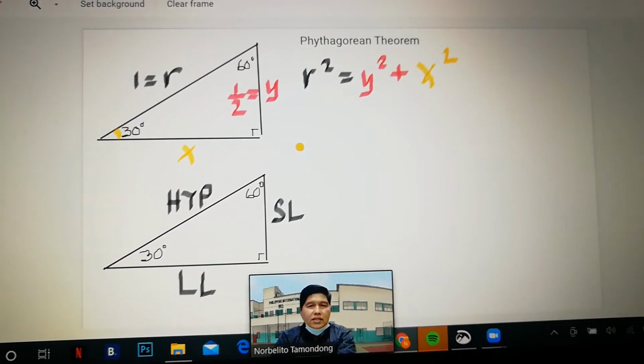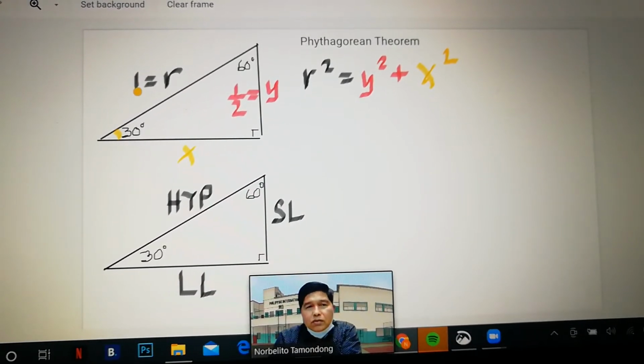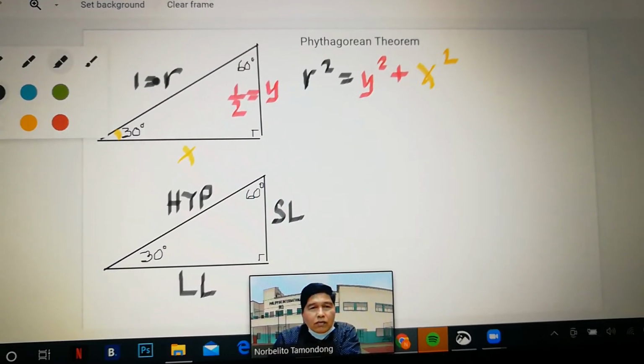So focus muna tayo sa 30, 60, 90 triangle. Now in a 30, 60, 90 triangle, if R is equal to 1, then using the Pythagorean Theorem, which is the relations between the sides of a right triangle, the square of the hypotenuse is equal to the sum of the squares of the two legs.